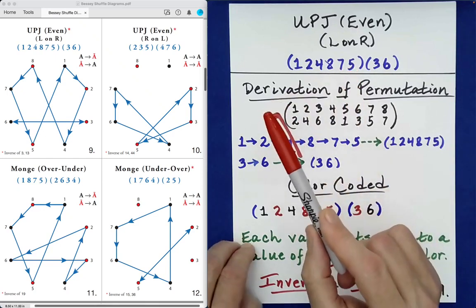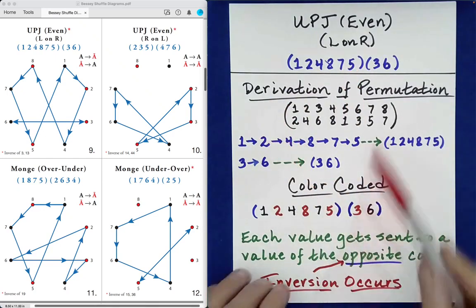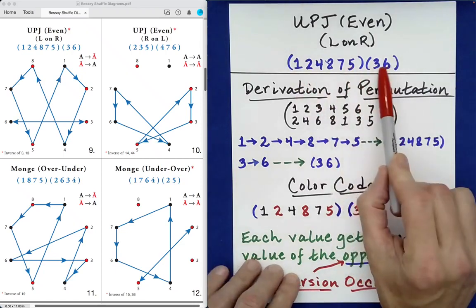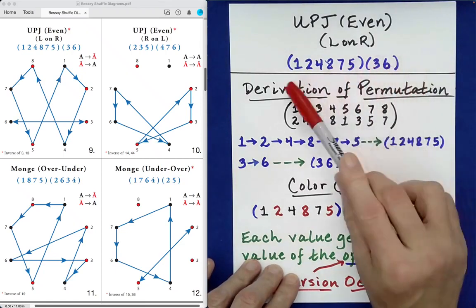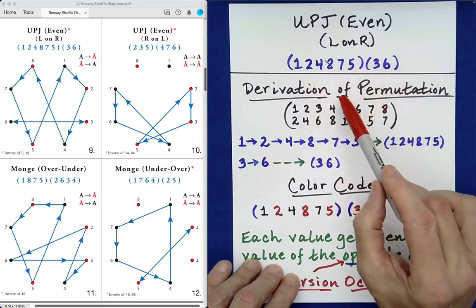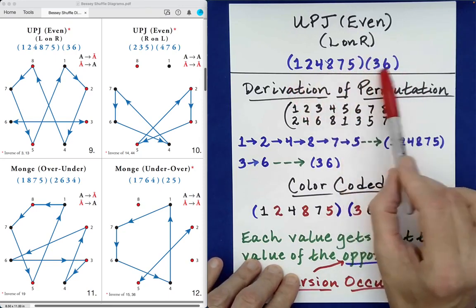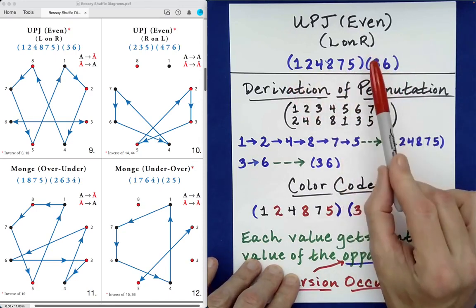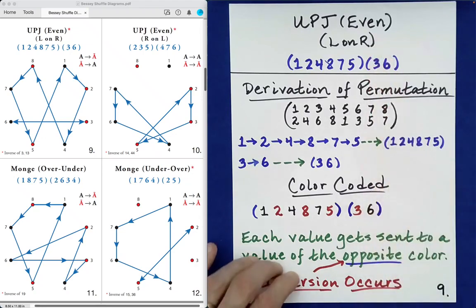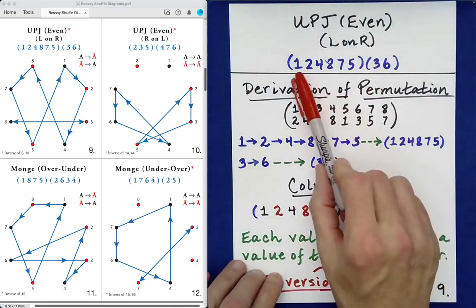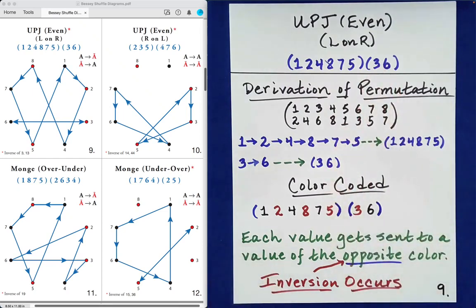So 6 of those are needed. Now it is true that during those 6 shuffles, 3 and 6 will be bouncing back and forth between each other. But by the time you perform 6 shuffles, 3 will be sent back to 3, and 6 will be sent back to 6. So it truly will return the packet to its original order.